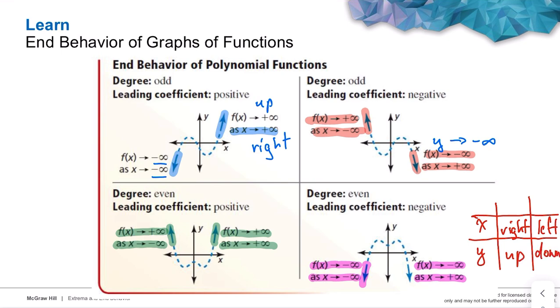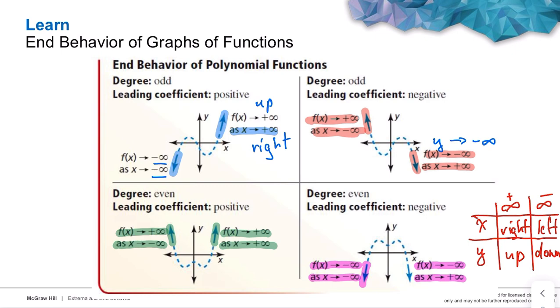Now, right for x is positive infinity, and up for y is also positive infinity. So if you find the direction of the line, so you have to do x and y separately, you can use this simple little chart to identify which end behavior, positive infinity or negative infinity, is actually going to match up.